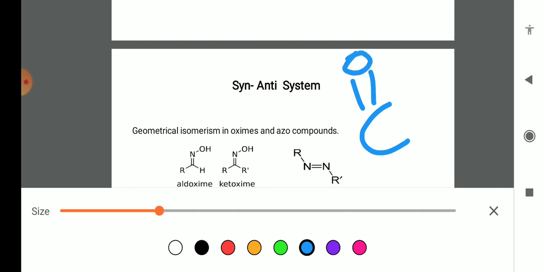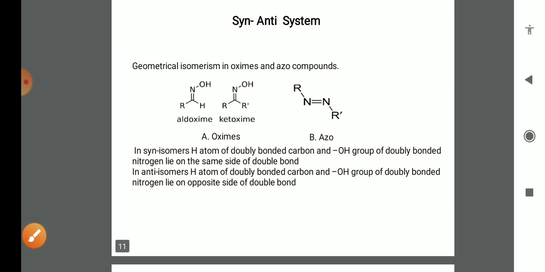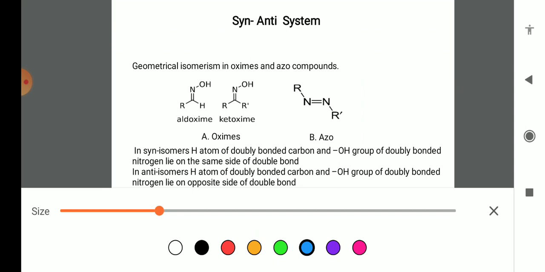It is called the ketone, right? And what is the structure of an aldehyde? It is the structure of aldehyde. You can see it in the slide. In this first group, hydrogen is there, so it is the aldehyde, so it is called the aldoxime. In ketone groups, the oxygen is replaced by nitrogen. It's called the oximes, and this is N double bond N. It is called the azo compounds.